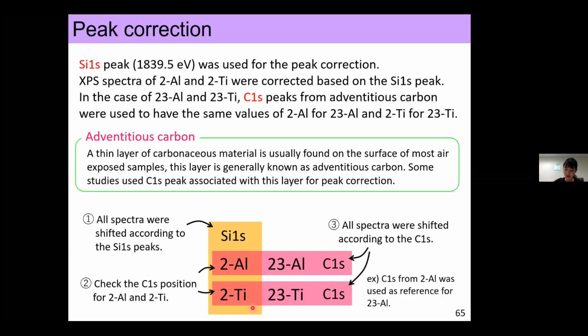Then they used adventitious carbon for further correction for 23Al and 23 titanium, because these have very thick alumina, so it cannot detect silicon well. The explanation of adventitious carbon is here. So anyway, they corrected these spectra using the carbon 1s peak obtained from these samples.